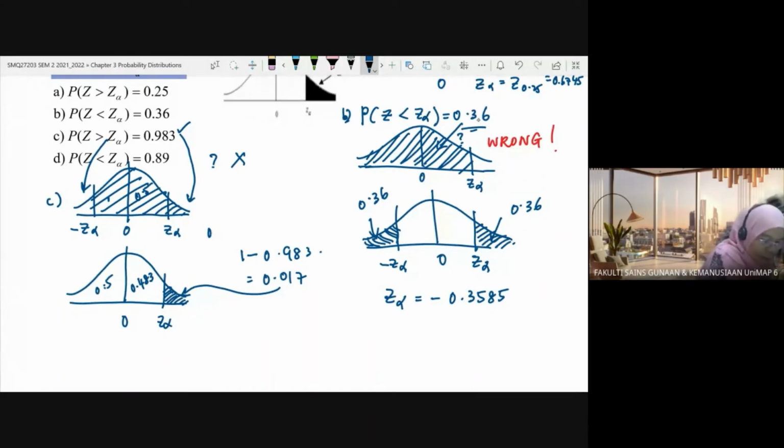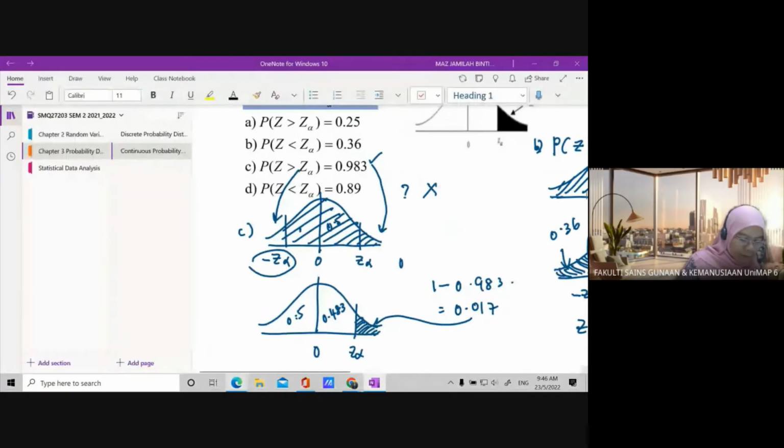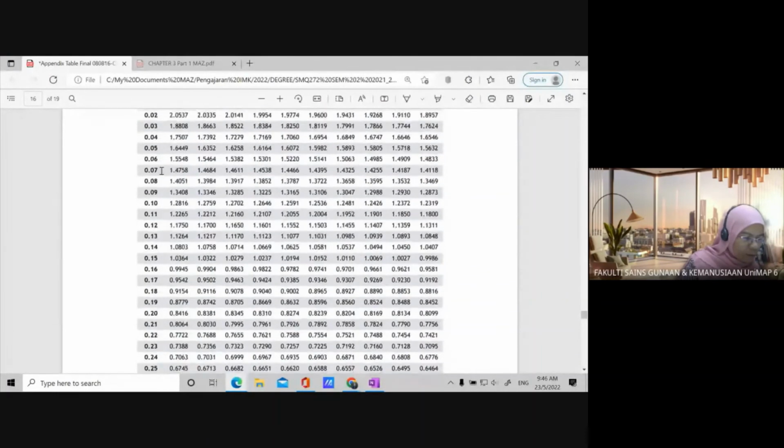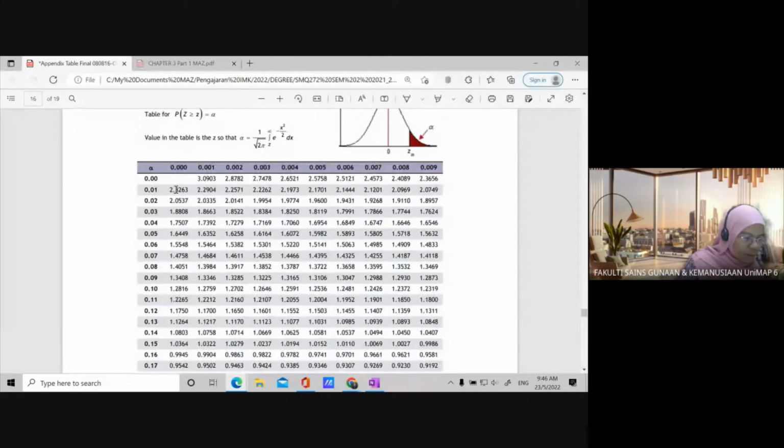And we know that we are having negative value of Z alpha. So tengok pada table 0.017. 2.1201, betul tak?